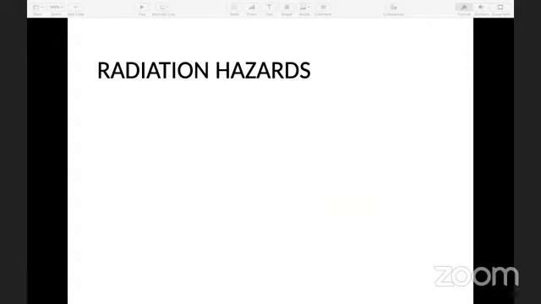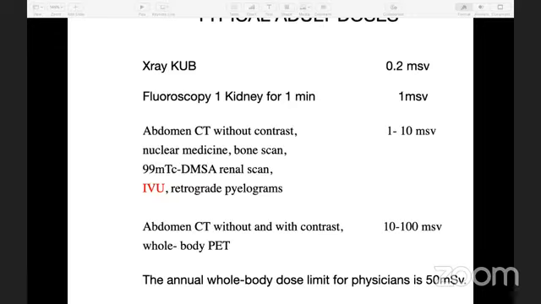Now let's see the radiation hazards associated with these investigations and comparison among them. Radiation doses to the human body are depicted in millisieverts. You can see the comparative values.